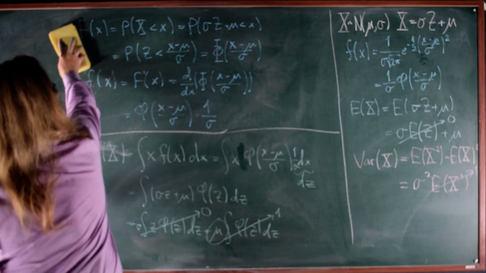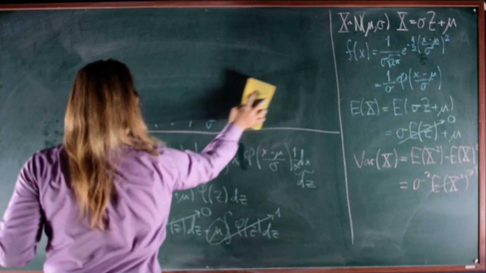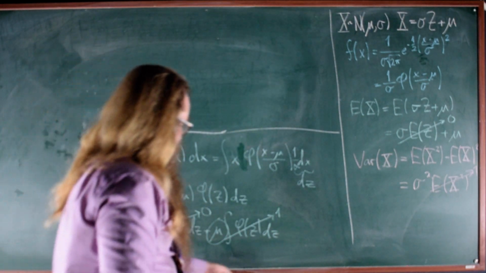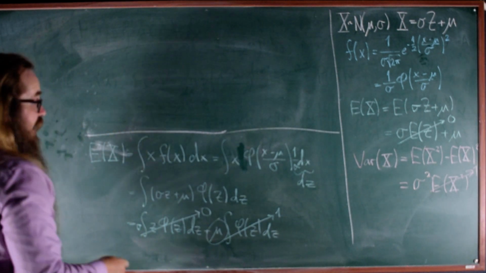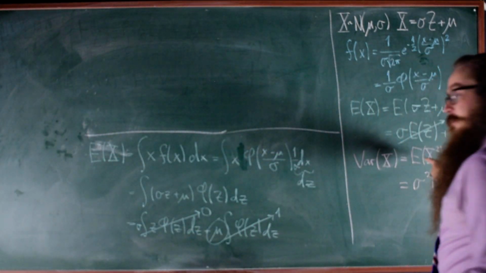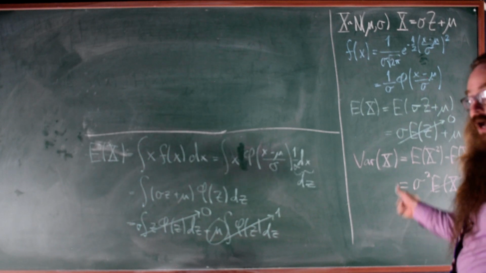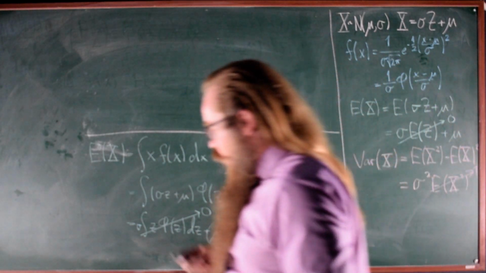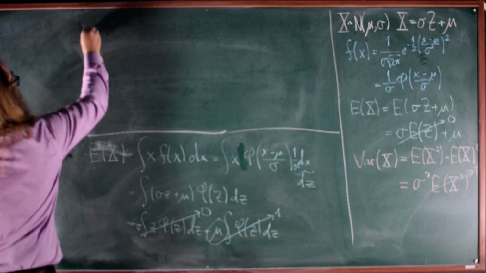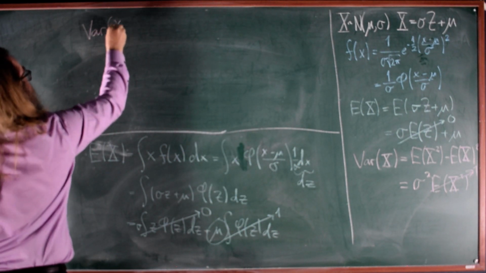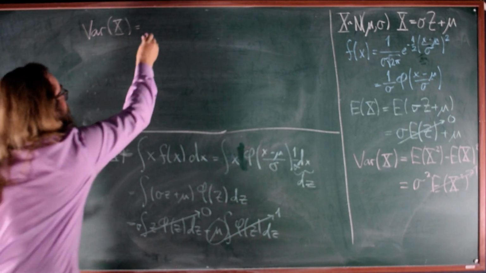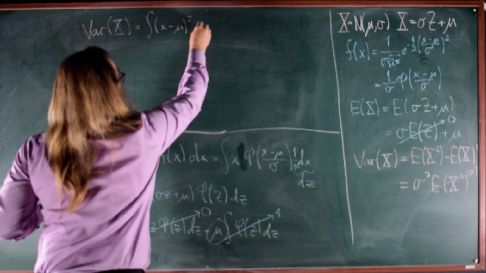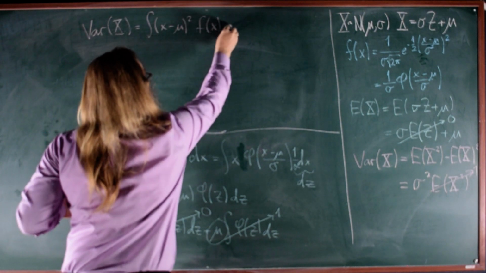All right, let's try to do the last one and see if we have time for that. So now the variance. This is actually pretty interesting because of the fact that you can write the variance in this way. So what is the variance? Well, the variance of x is the integral of (x minus the mean) squared times the PDF.